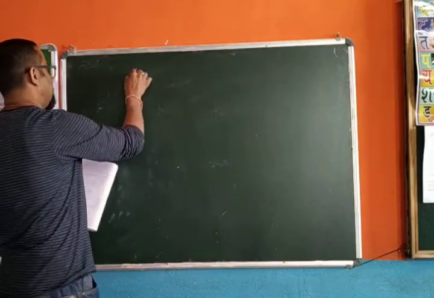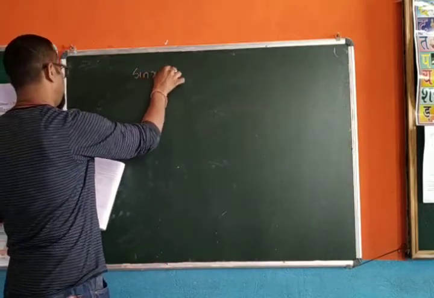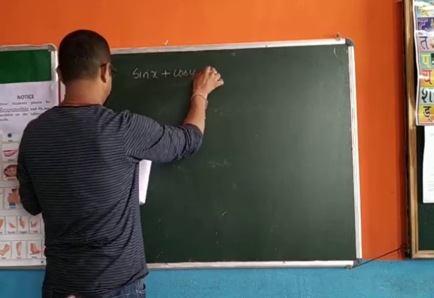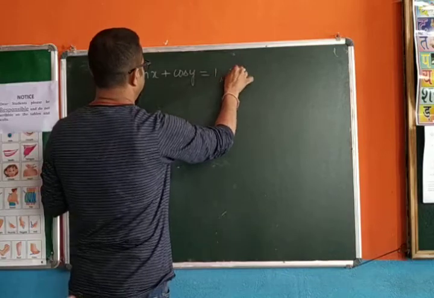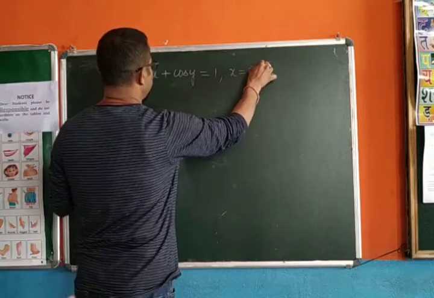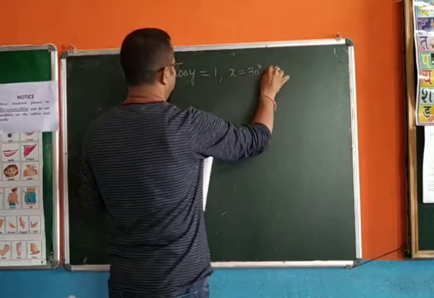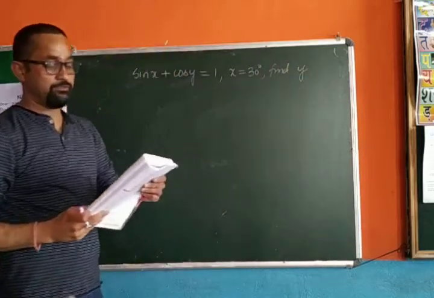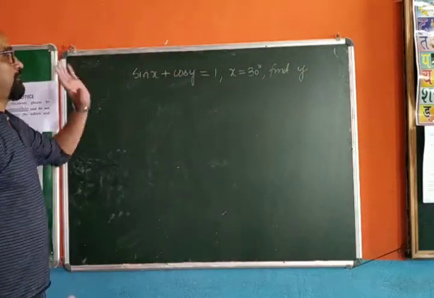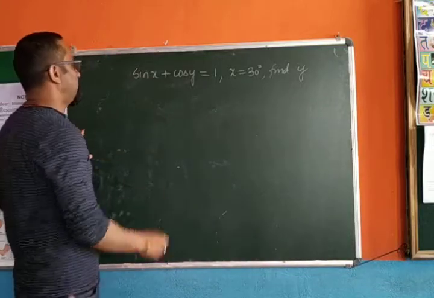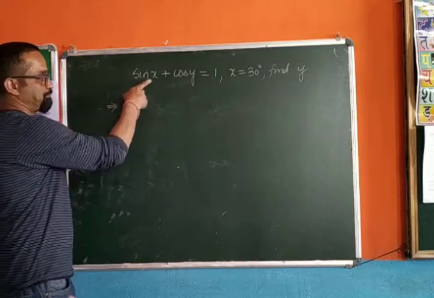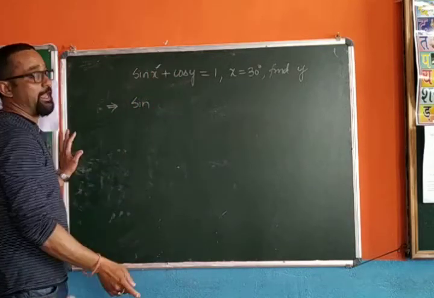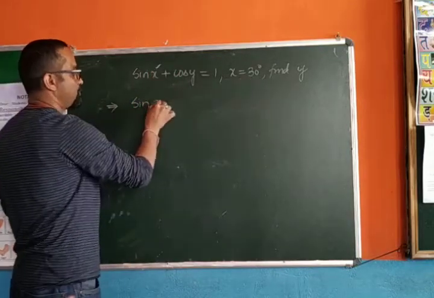It says that if sin x plus cos y is equal to 1, x is equal to 30 degree. Find y, which is an acute angle. So what do we do? We write the given term, sin x plus cos y equal to 1, and we know the value of x, it is 30. Substitute here.